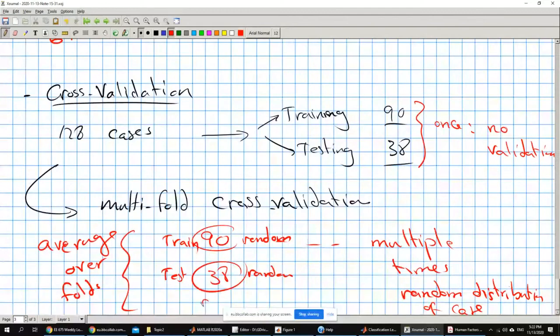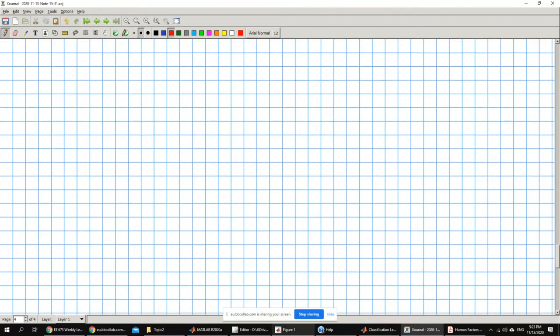Each one of these is called a fold. You repeat that, fold 1, fold 2, and so on, fold M, for example, and you add them together and average the performance. This ensures that you don't have an estimate of the performance that is much higher than the actual one. This ensures that you will have a robust result.